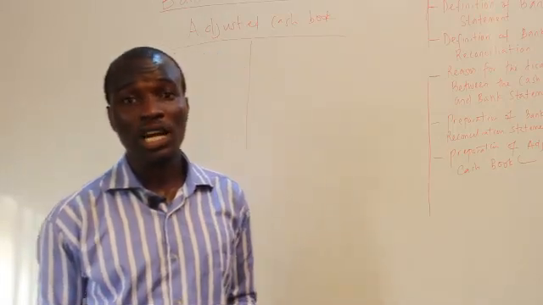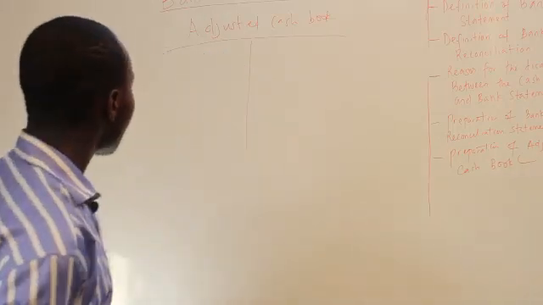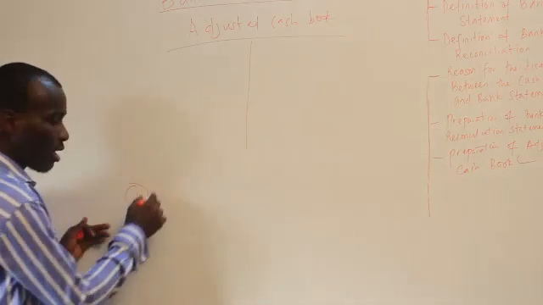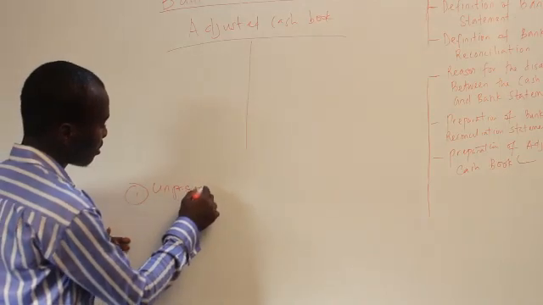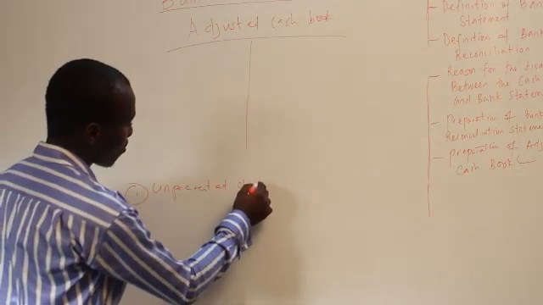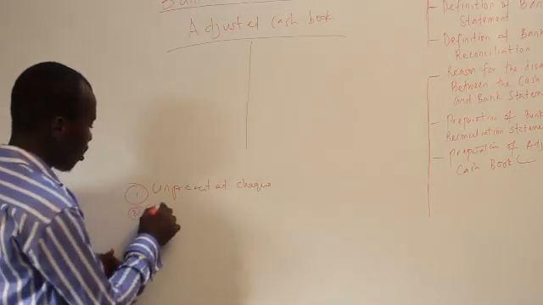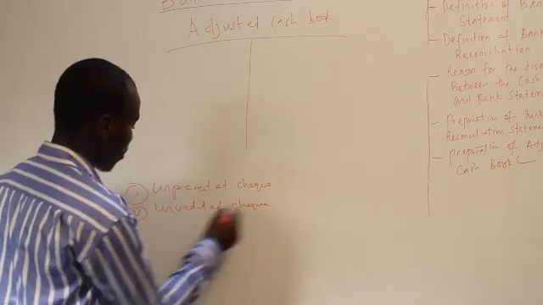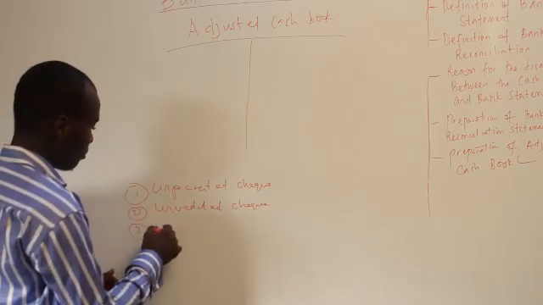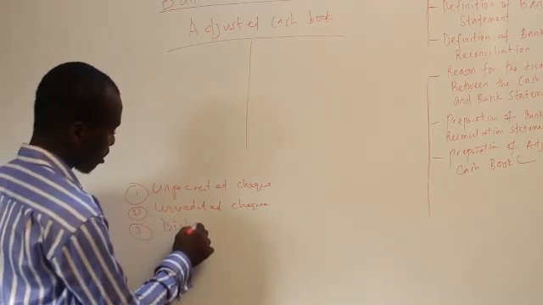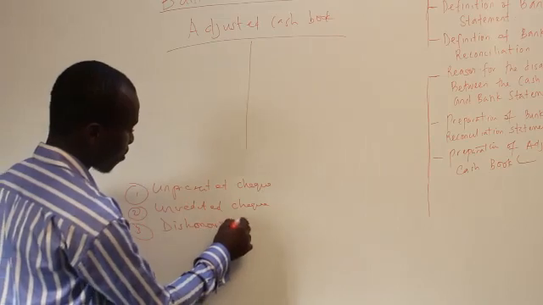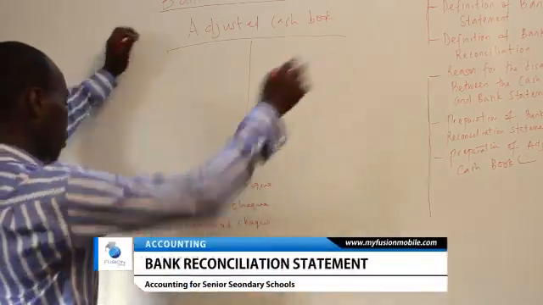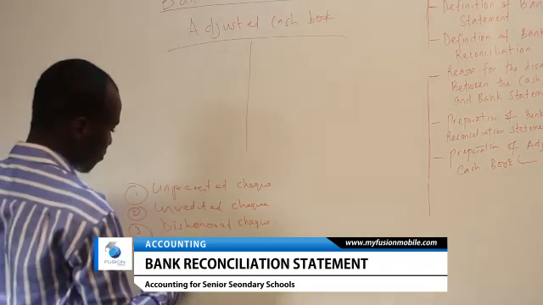We will use these in updating the cash book. So those items of disagreement are the unpresented check. We have the uncredited check. Then we have the dishonour check. So we have the dividends.